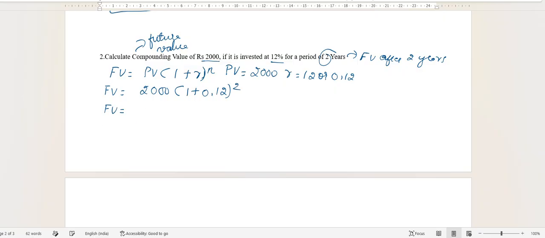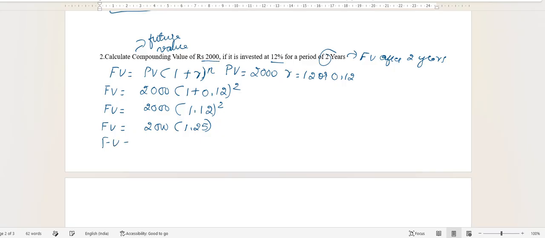So future value is equal to 2000 into 1.12 to the power of 2. Therefore, future value is equal to 2000 into 1.12 to the power of 2, which will become 1.2544.